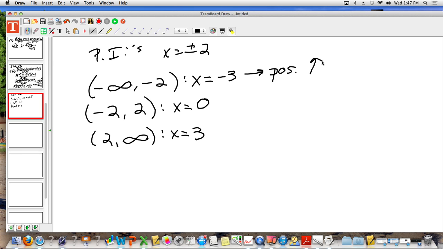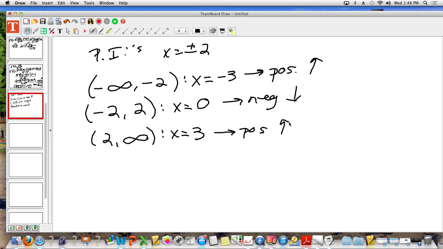And then for 0, I got a negative. Agreed? Yep. Which means it's concave down. And then for 3, I got a positive again, which makes it concave up.